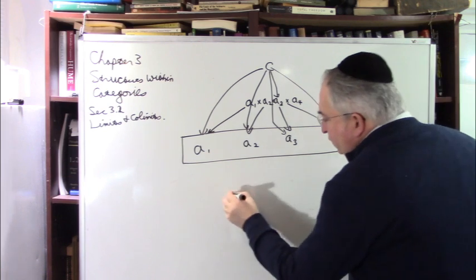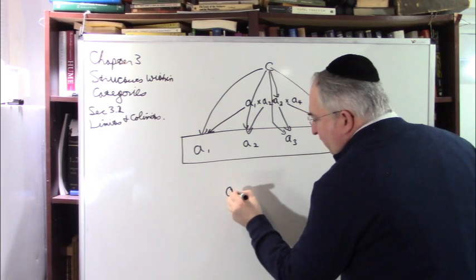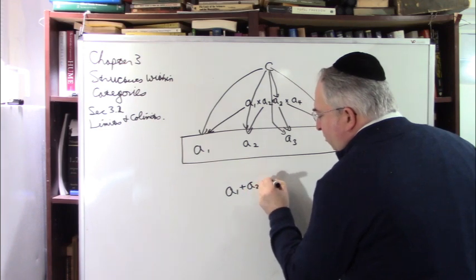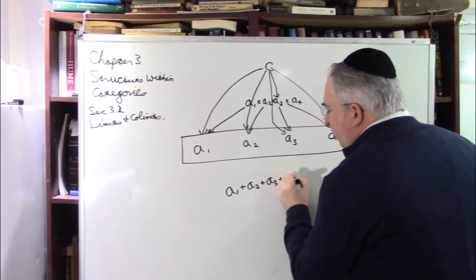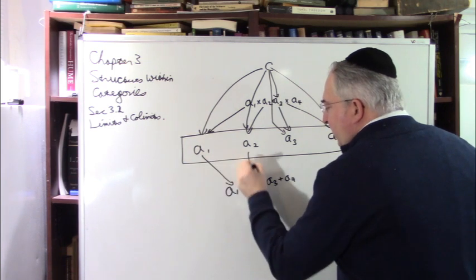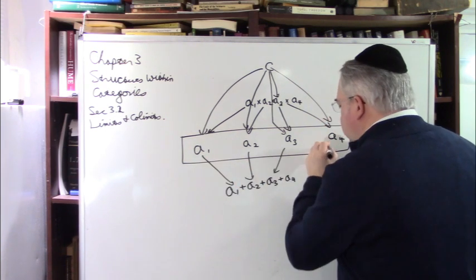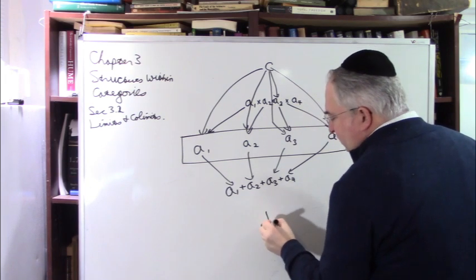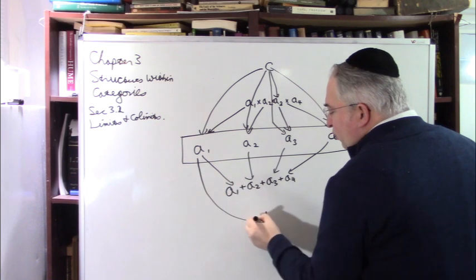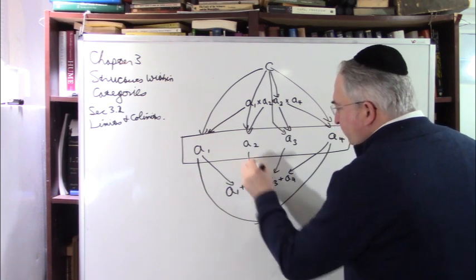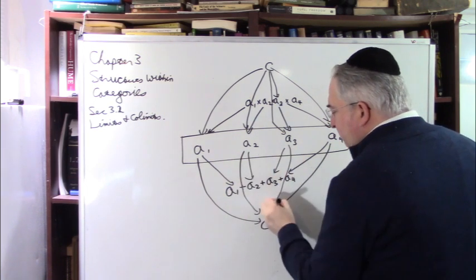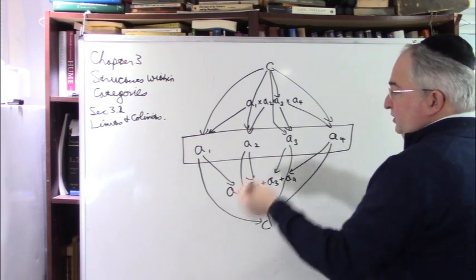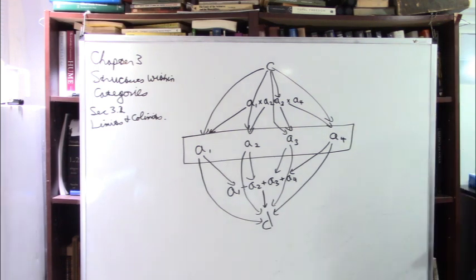We can also co-complete this big diagram: A1 plus A2 plus A3 plus A4, and there's maps like that. And if there's any other object, let's call it D, that co-completes this diagram, then there's a unique map like this, which makes all these triangles commute.